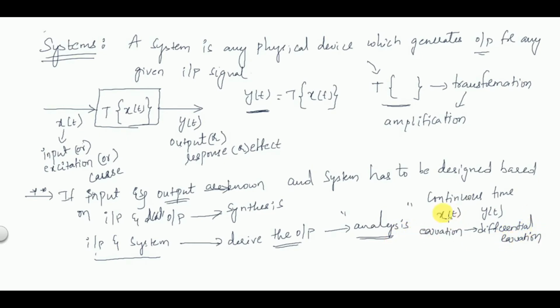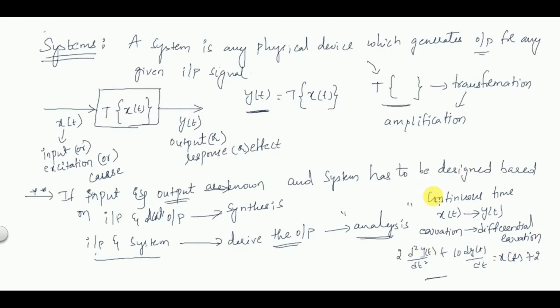Okay, so in continuous time systems, the equation which relates input and output is called a differential equation. It will be of this form, like 2 into d square y of t by dt square plus 10 dy of t by dt is equal to x of t plus 2. Okay, so it will be of this form.